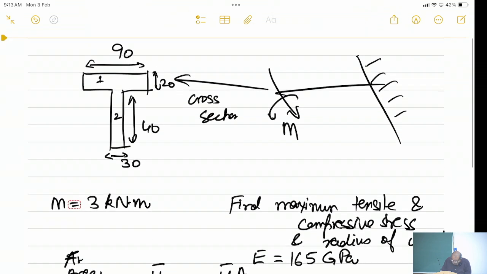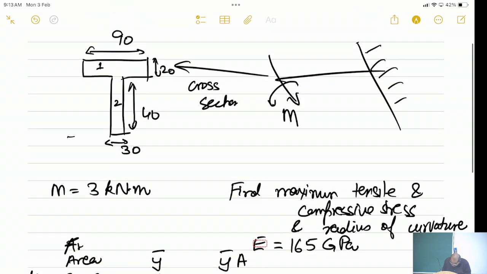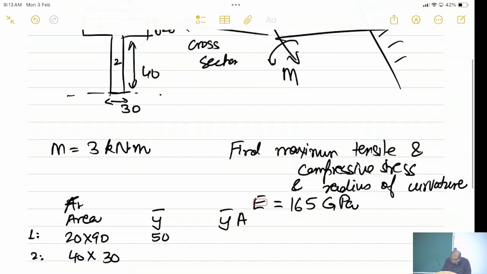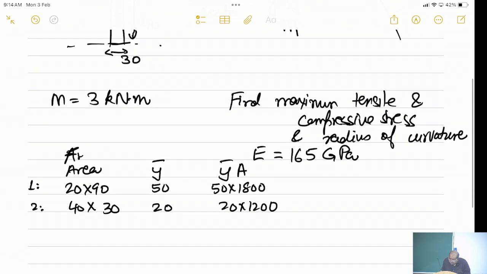The area of section 1 is 20 into 90, and the area of section 2 is 40 into 30. Y bar for this, if we start from the bottom, is 50 and y bar for this is 20. Then we calculate y bar times A. So 50 into 1800, 20 into 1200.